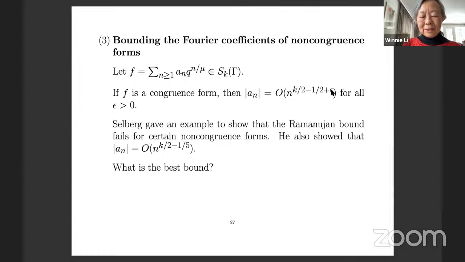This epsilon is used to absorb the number of prime factors inside n. But for non-congruence forms, Selberg gave an example to show that the Ramanujan bound would fail for certain non-congruence forms. On the other hand, he also showed that the Fourier coefficients are bounded by n to the (k/2 - 1/5). So it's weaker than the Ramanujan bound.